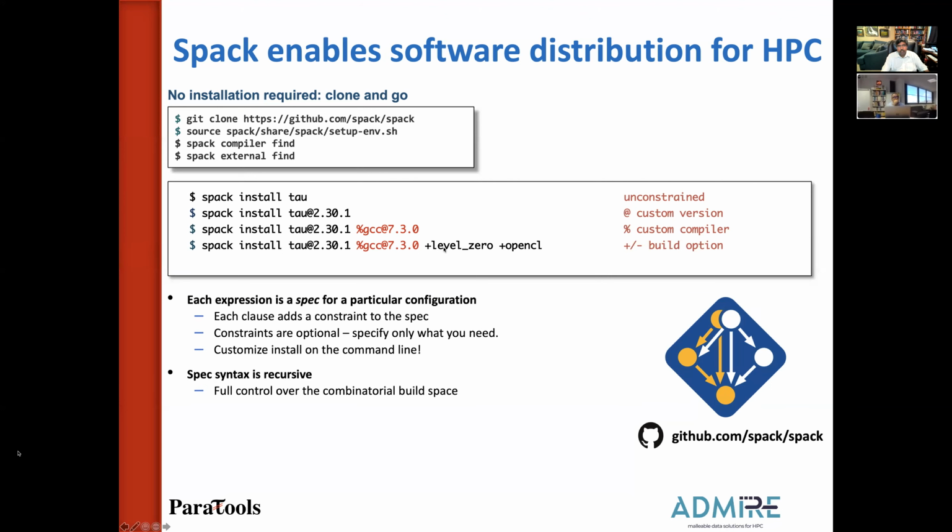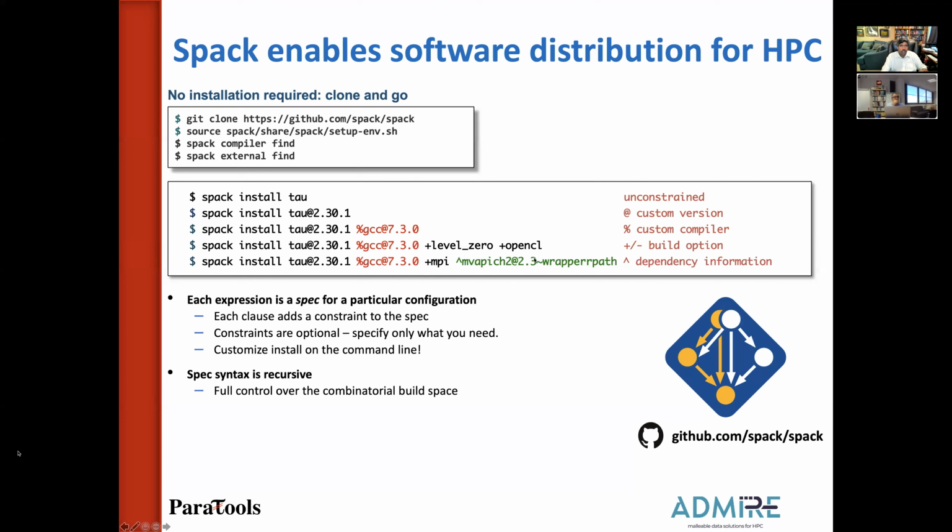And here I'm saying +level0 for the Intel GPU and +opencl for the OpenCL runtime. Or I can say, install it with MPI, but use a particular dependency, like use mvapich2 to specify the provider of MPI, and use mvapich2 version 2.3, which was compiled without the wrapper rpath flag.